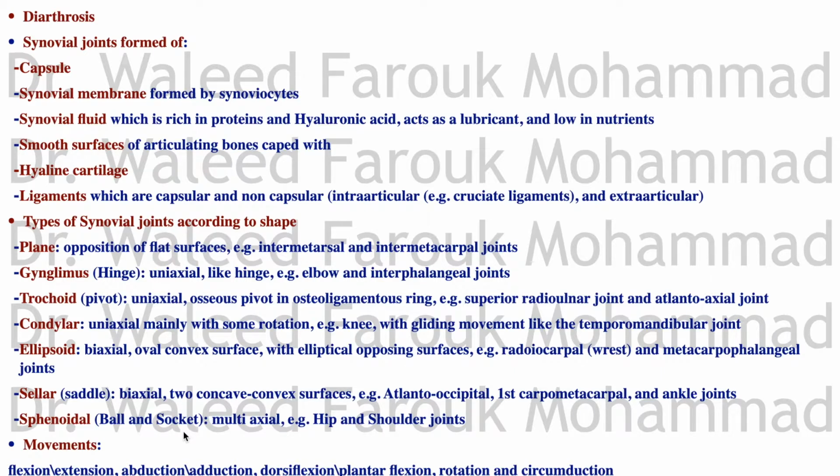Movements are as described: flexion opposite extension, abduction opposite adduction, dorsiflexion and plantar flexion that occur at the ankle joint, rotation, and the sum of all these movements is called circumduction.